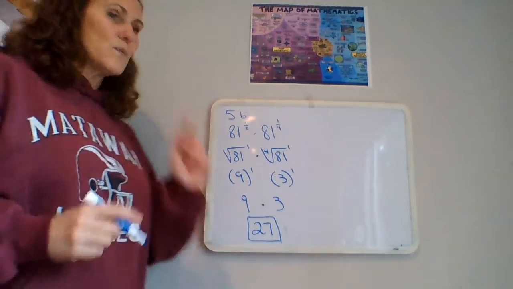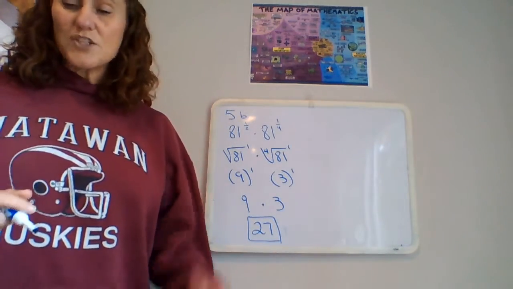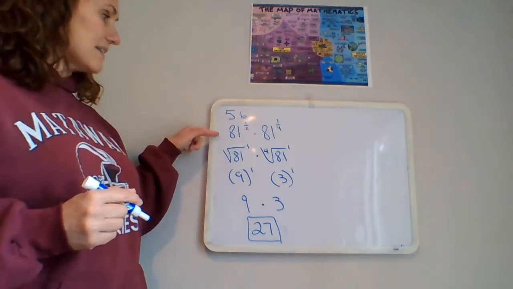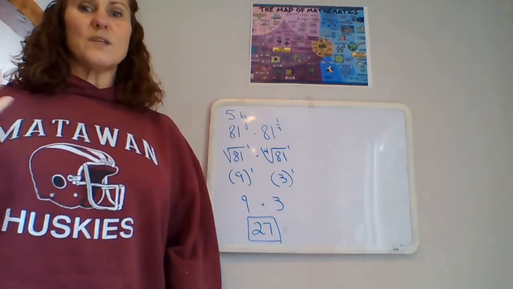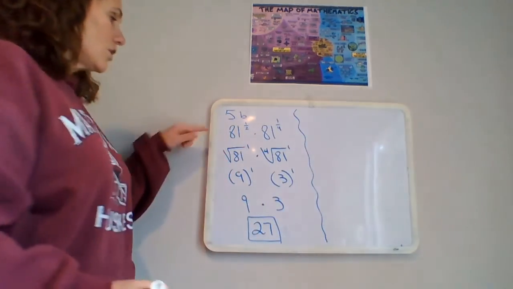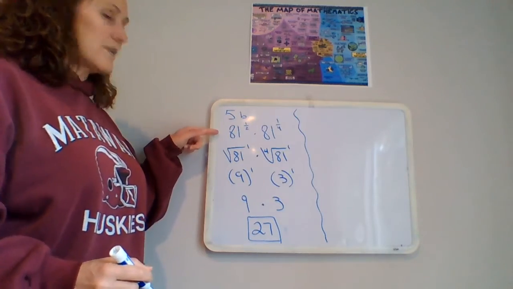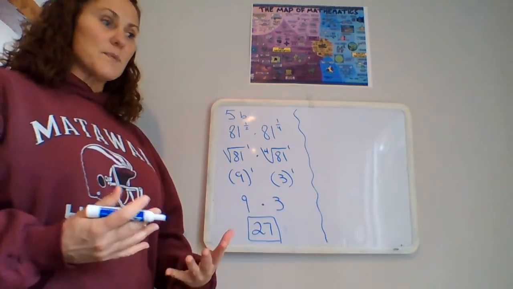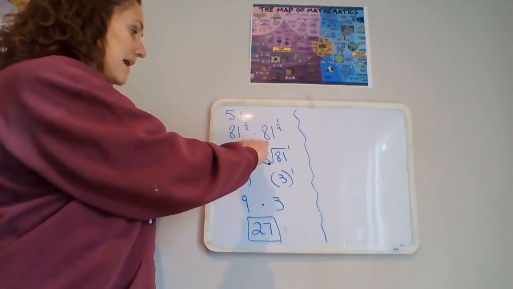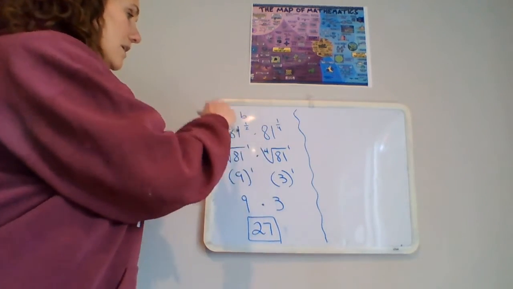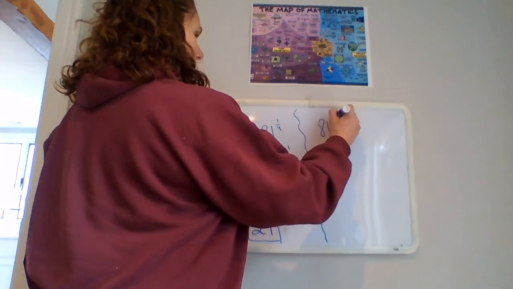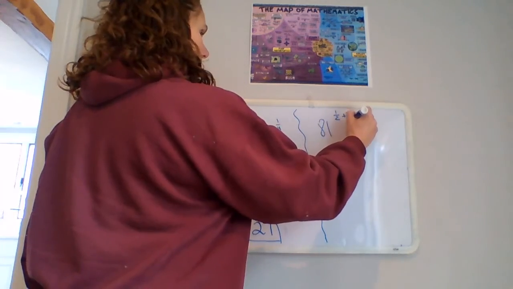Now, this method didn't work with the last question because in the last question I had numbers that weren't doable like this. So let's pretend these weren't doable and we'll do it using the other method. The other method is treat it like a properties of exponents question. In properties of exponents, if you have the same base and they're multiplying, that means you're supposed to add the powers. So this becomes 81 to the 1/2 plus 1/4.